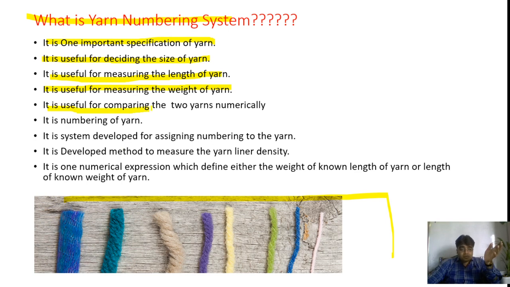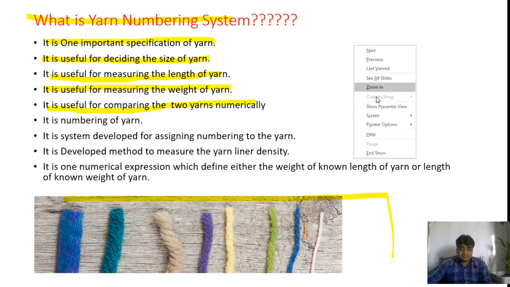It is helpful for comparing two yarns numerically. If you want to compare two yarns, suppose I give you yarn A and yarn B, then for comparison purposes you need some numbers. Let us take this example once again. I will select the pen option here.